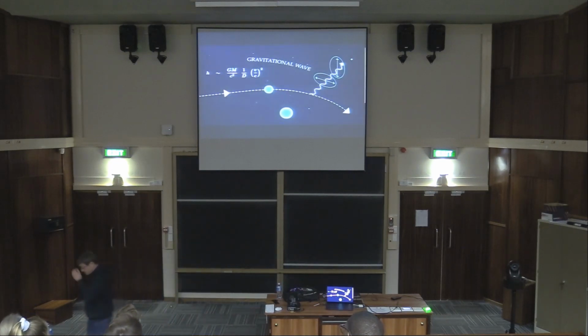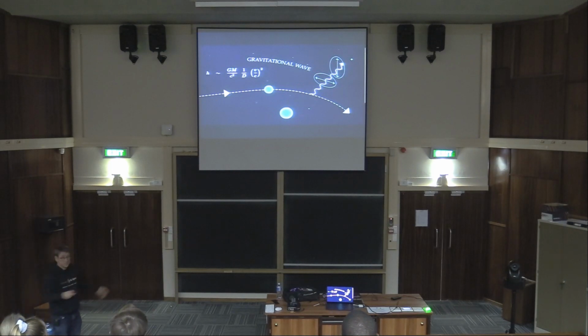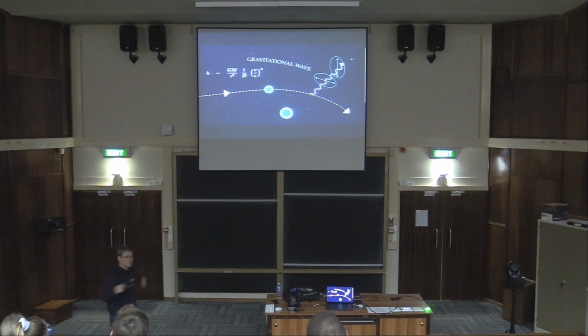He also realised that if gravity was a bit like electromagnetism with charged particles and light, maybe whenever two masses went past each other, they should give off something called a gravitational wave. And a gravitational wave would stretch and squeeze space, stretching it this way while it's pulling it in that way, so if I was a gravitational wave, I would be kind of doing this as I propagate along.